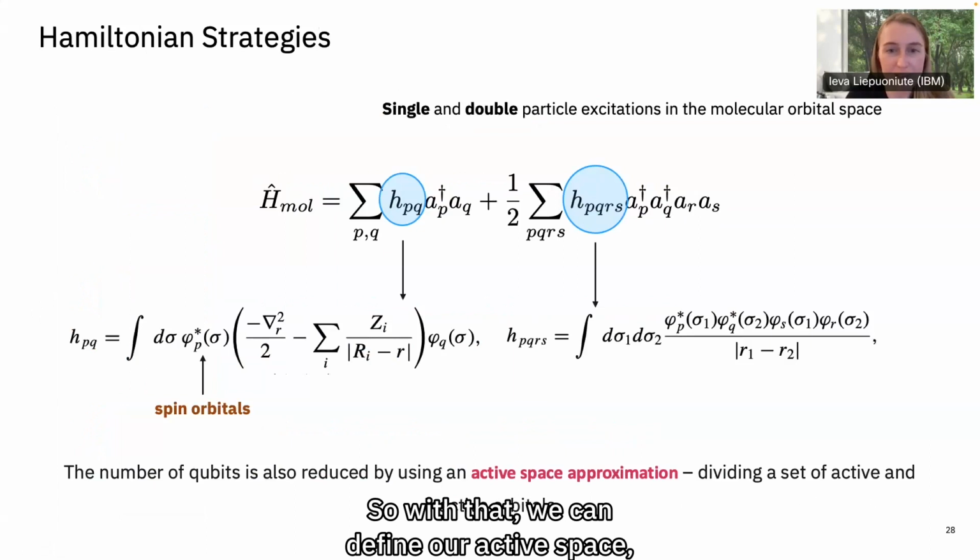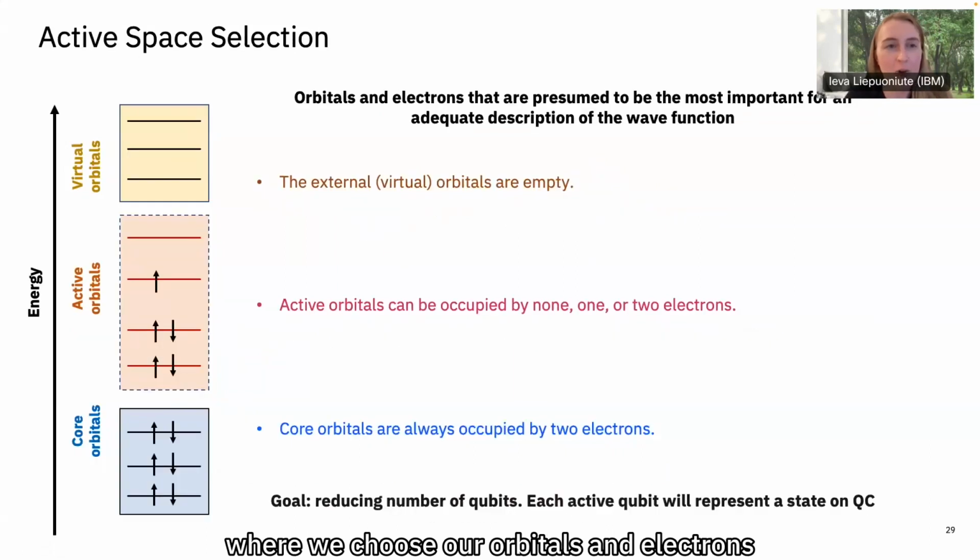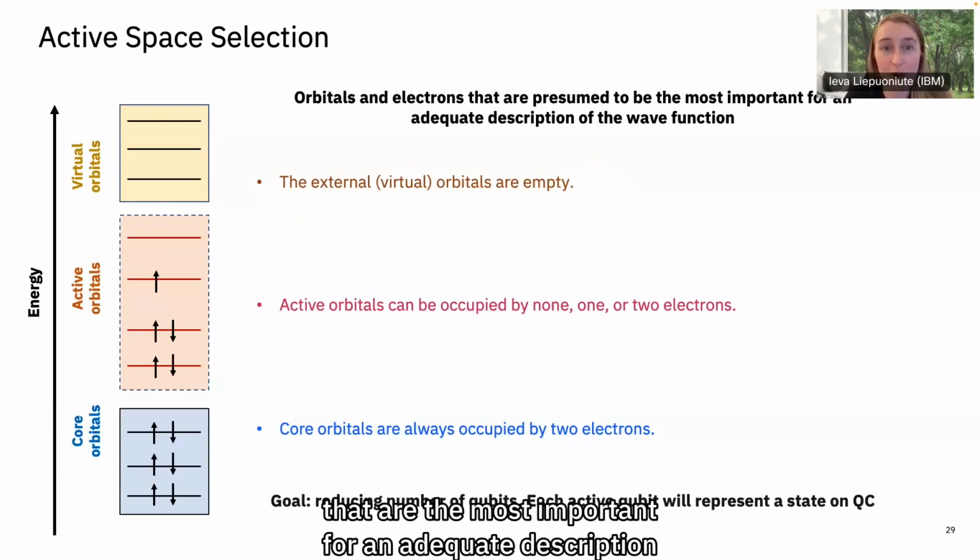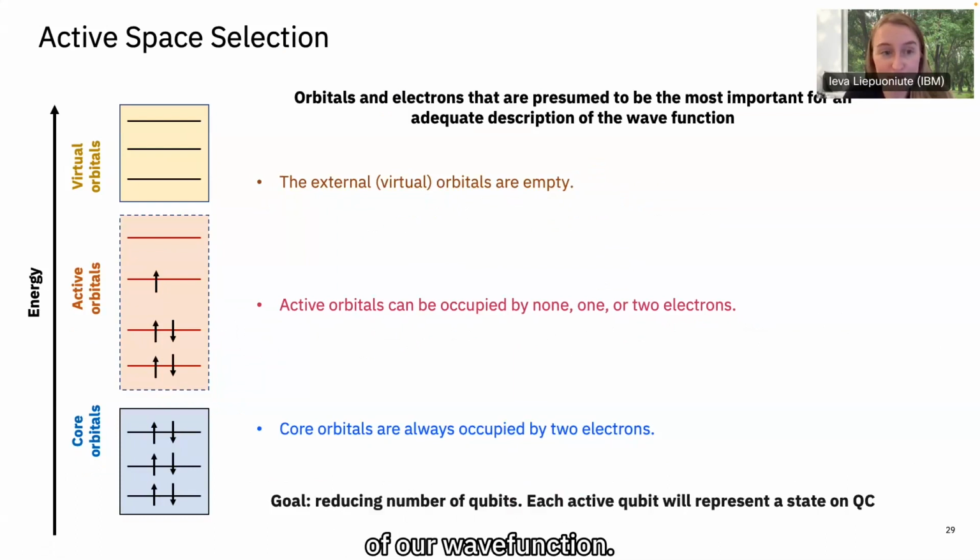With that, we can define our active space, where we choose the orbitals and electrons that are the most important for an adequate description of our wave function. As depicted in the slide, some core orbitals that are fully occupied by electrons can be kept frozen or semi-disregarded because they don't participate in bond breaking or making processes.